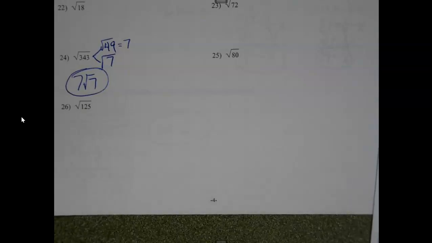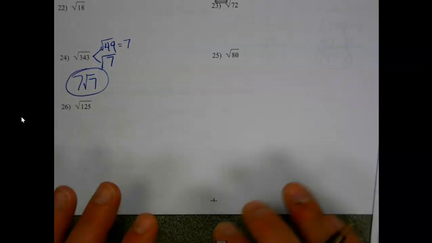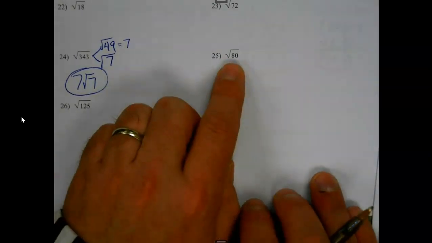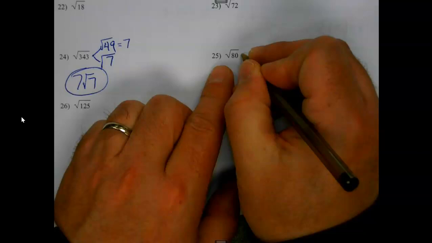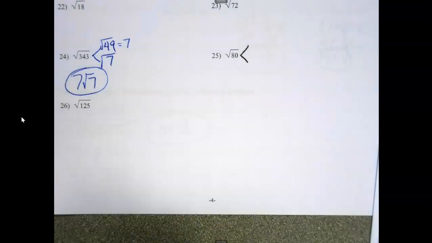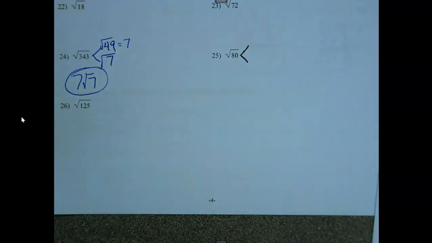The other one I want to do, because I've seen this happen with classes at all levels before, and I want to make sure it doesn't happen to us. We're going to do 25. So start playing with 80 until you find a big old perfect square that's going to go in, and then let me know.